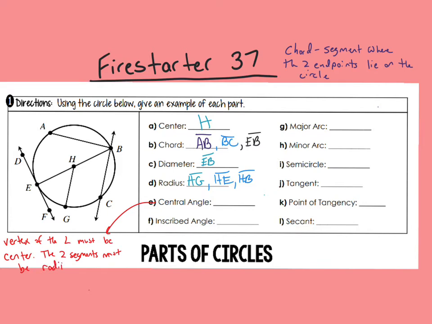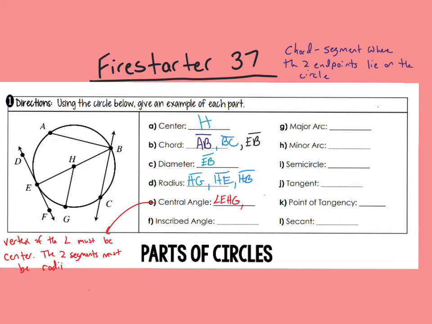All right. So a good example here would be EHG. So that makes an angle. All right. And H is the center. So remember you're going to put angle EHG.